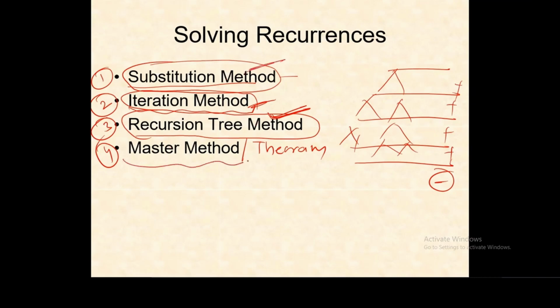And the last one is the master theorem or the master method. In this master method, we are given three cases, and these three formulas are computed based on the growth of the function.